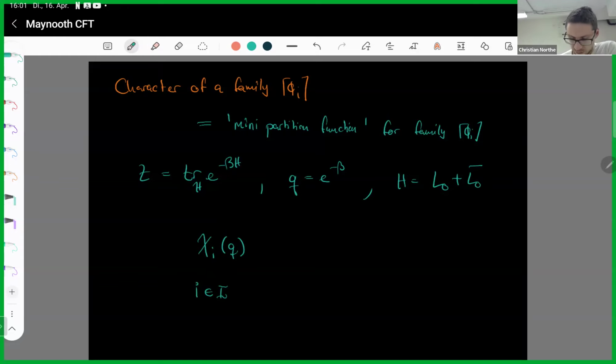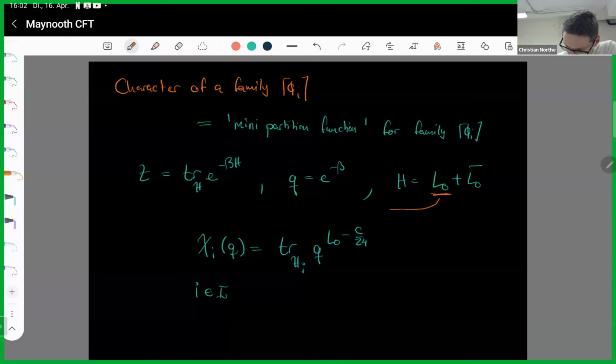I is going to be taken from the set of conformal families, and I'm going to trace over q to the L0 minus c over 24, over the irreducible representation of the conformal algebra for I. So what's the deal here?